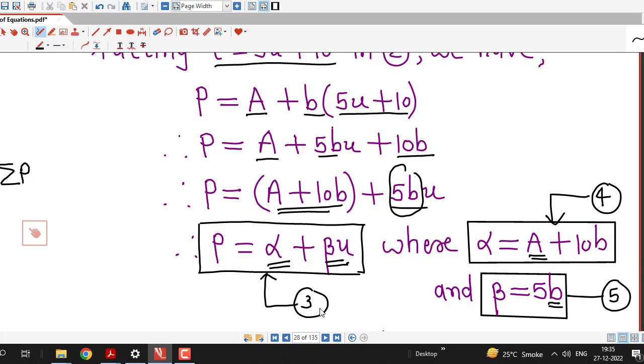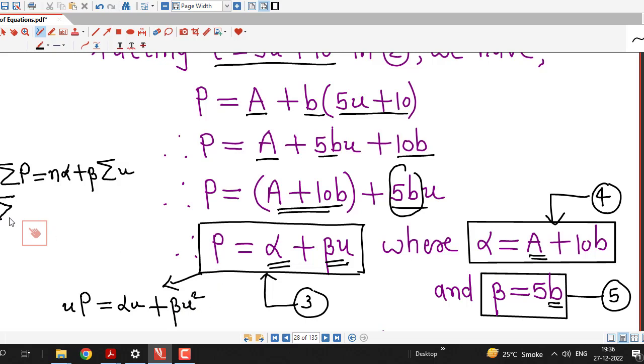Normal equations for this equation number 3 are sigma P equal to n times alpha plus beta times sigma u, and for the second normal equation we multiply this by u, and we have alpha u plus beta u square. So we obtain sigma uP equal to alpha times sigma u plus beta times sigma u square.